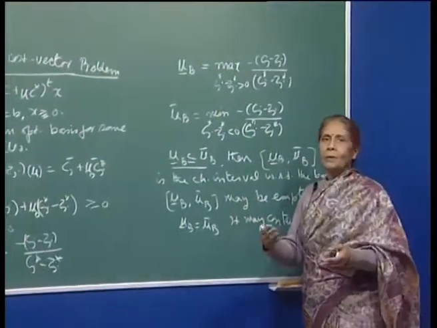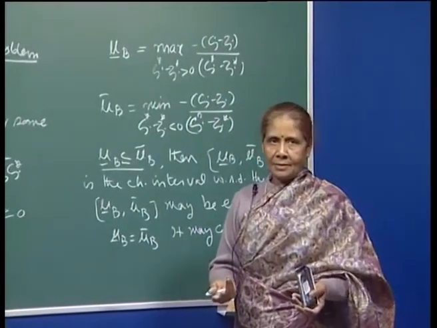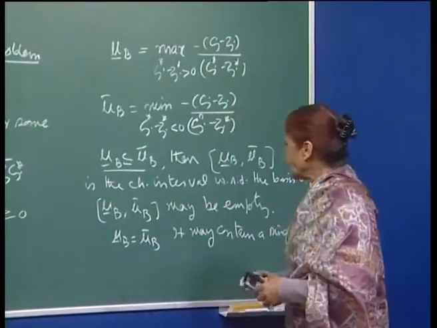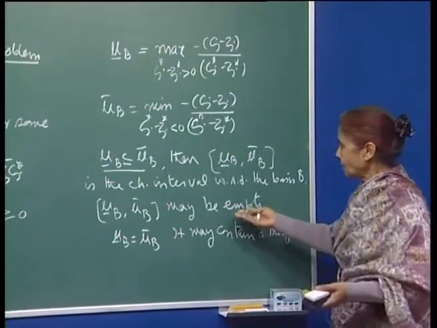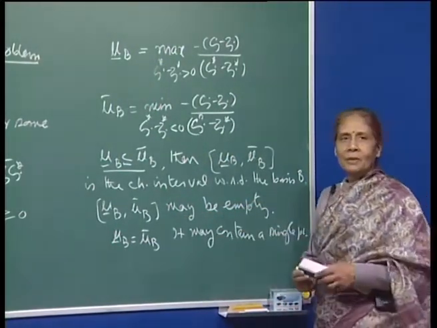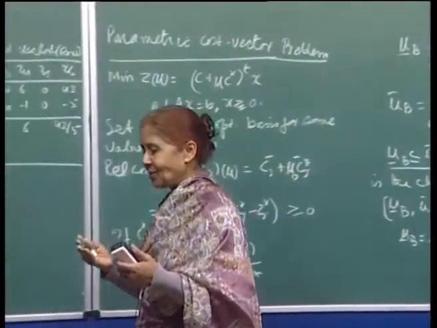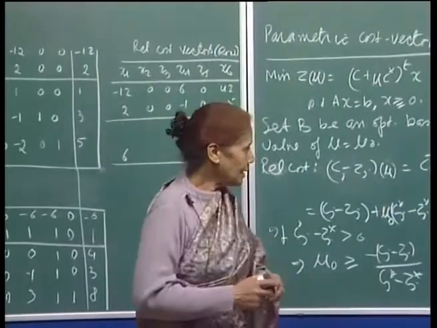And so B will never come back, because you are not going to come back to a value of mu again; you are going to change the values of mu. So therefore it is very simple to say that the number of iterations of the algorithm will be finite, right.